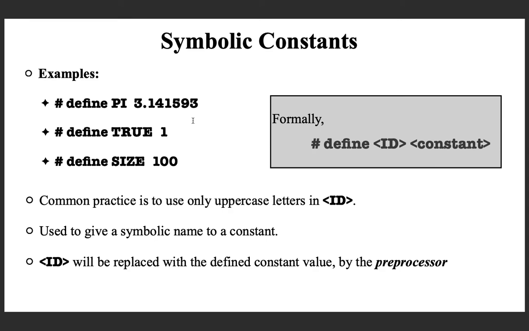For example, suppose you have 75 places in your program where you are using pi, all the 75 occurrences of pi will be replaced with this value automatically by the system, and that is what symbolic constants are. Later, when we discuss arrays, we can see a nice use of symbolic constants.